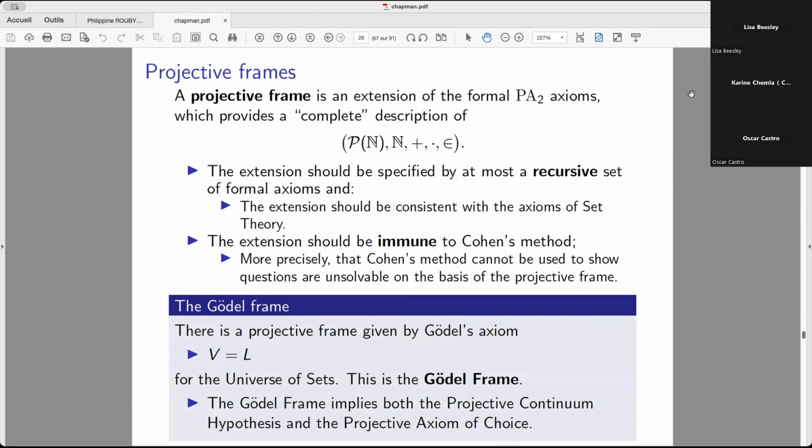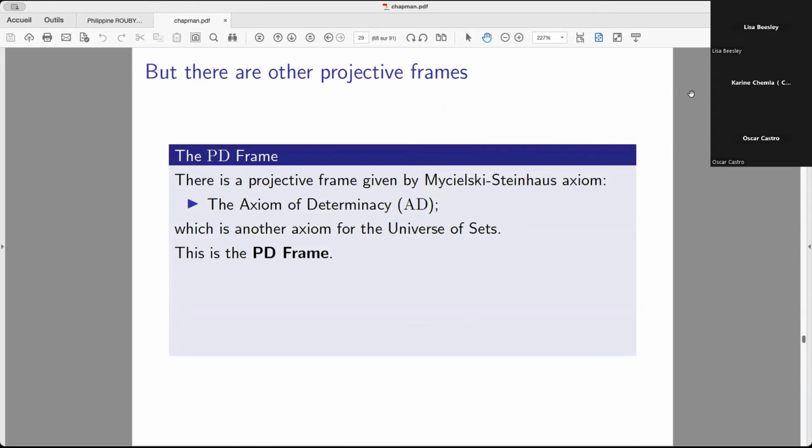So there's the Gödel frame. It's the projective frame given by Gödel's axiom, V equals L, for the universe of sets. The Gödel frame implies both the projective continuum hypothesis and the projective axiom of choice. But there are other frames. In the early 60s, an alternative to the axiom of choice was introduced, the so-called axiom of determinacy.